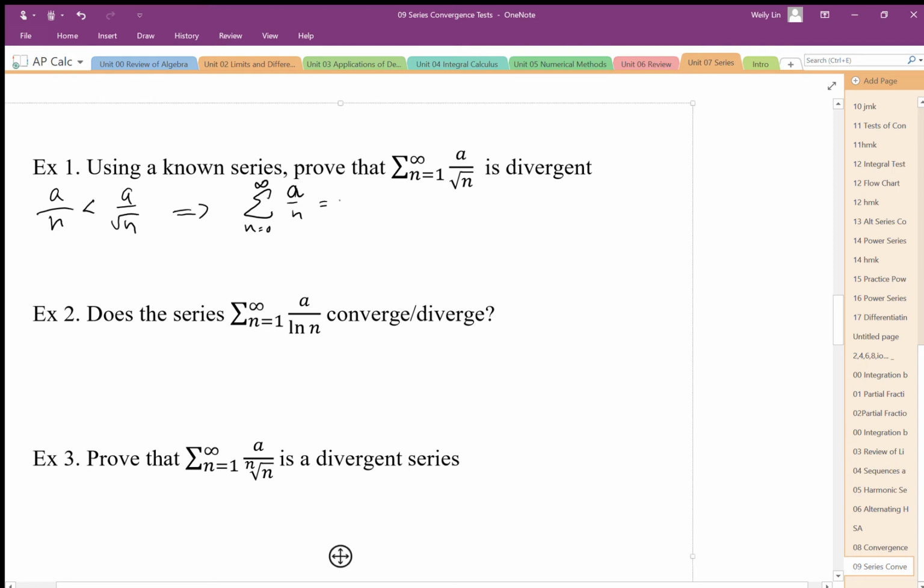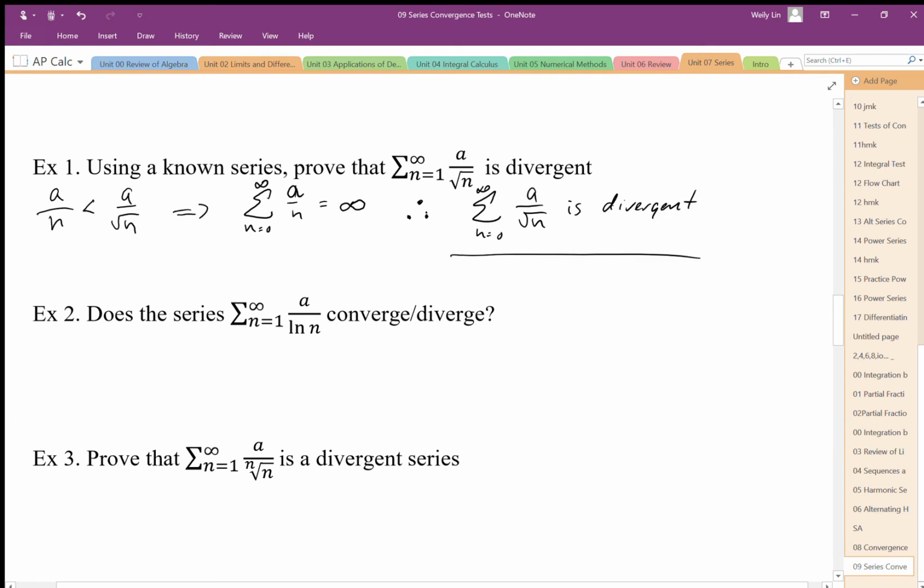Therefore, by comparison, and we're now giving this test a name, we can say that the sum as n equals 0 to infinity of a over root n must also be divergent. Okay, this is our conclusion.